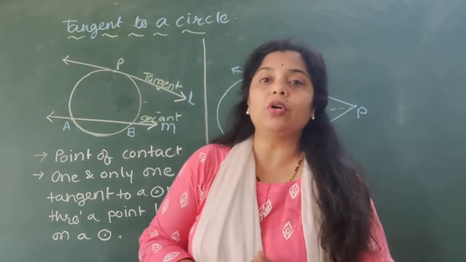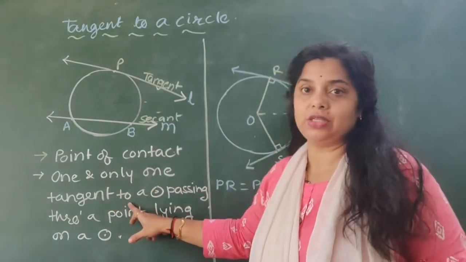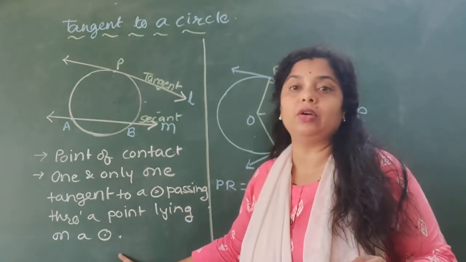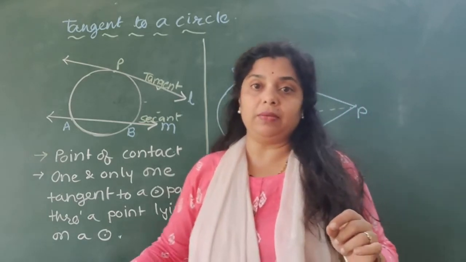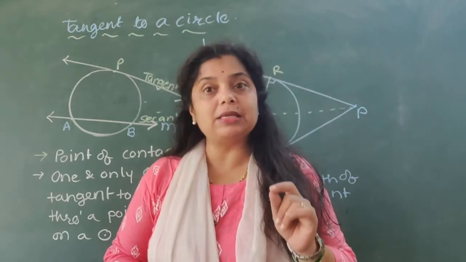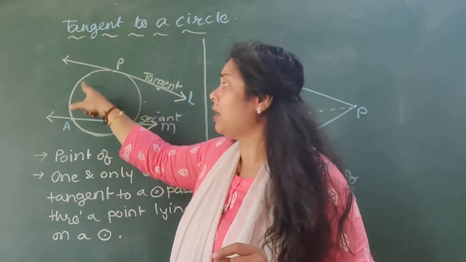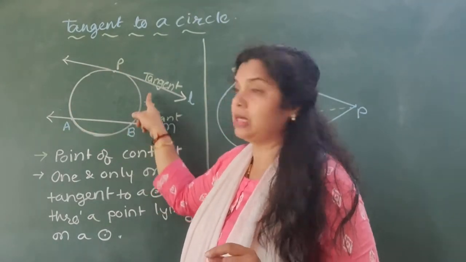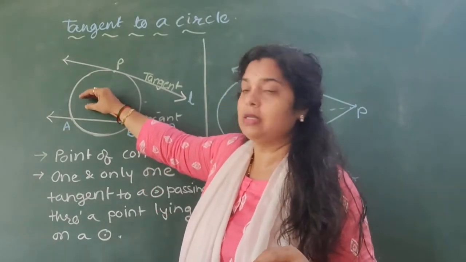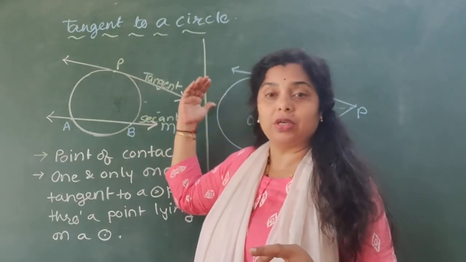The second important thing you must know is that one and only one tangent to a circle can pass through a point lying on the circle. What does it mean? Only one tangent can pass through a point which is lying on the circle. There are thousands of points, and there are three kinds: some points are lying inside, some are lying on the circle, and some are exterior points outside the circle.